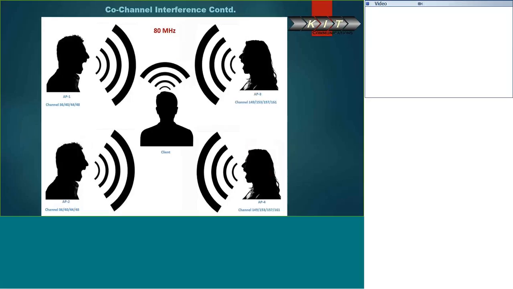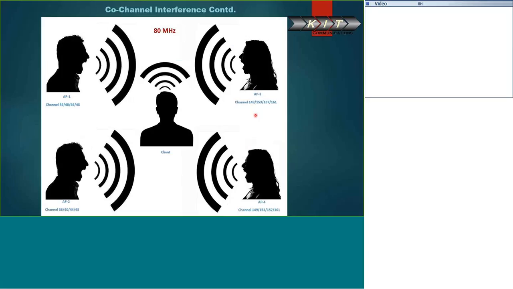But watch what happens when we go to 80. So we go to 80, and now we're talking about 4 devices all within earshot of each other. And to the client, 2 of those APs sound the same. So we have these channels bonded together, 36, 40, 44, and 48, and we have 2 of those APs, so they sound identical.